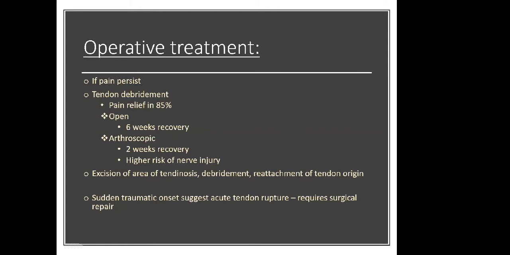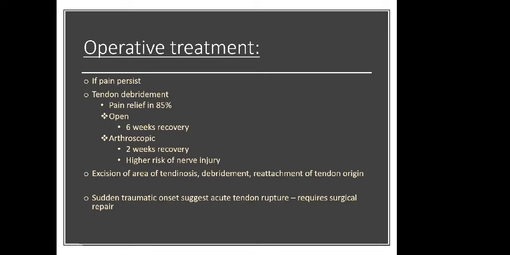If the pain persists, we can suggest operative treatment, which is tendon debridement, done either as open debridement or arthroscopic debridement. Comparing both, open has a longer recovery time, but arthroscopic has a higher risk of nerve injury.